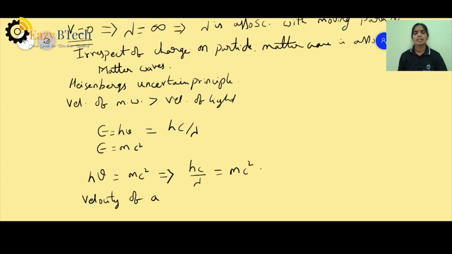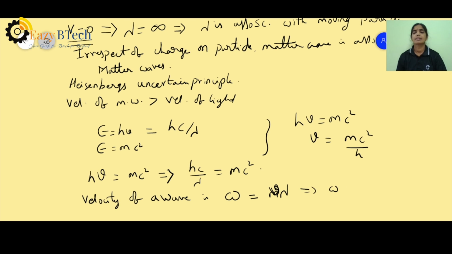Now we know that the velocity of a wave is given by frequency into wavelength. Since we are talking about matter waves, this is the velocity of the matter wave, where mu represents frequency. Using h mu equal to mc square, the frequency value will simply be mc square by h.